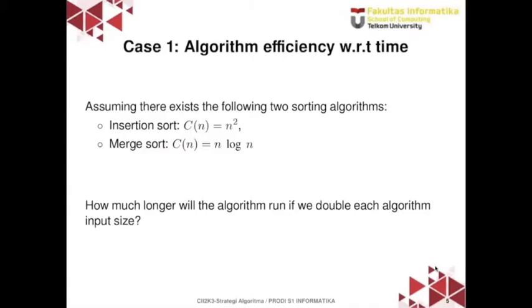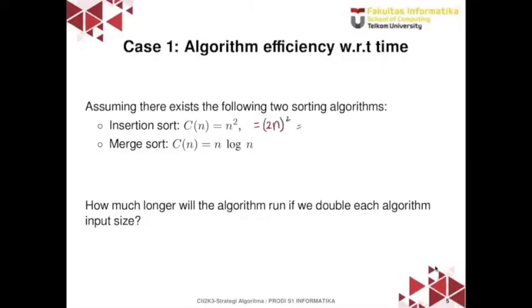Assume there exist two sorting algorithms, insertion sort and merge sort, with the following complexity. How much longer will the algorithm run if we double each algorithm's input size? If we know the complexity, we can have an approximation of that.